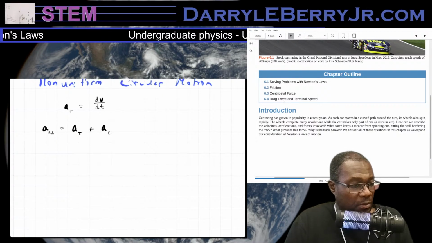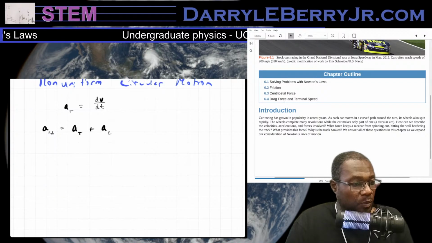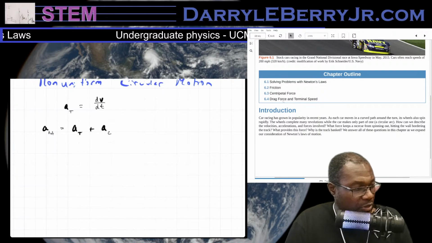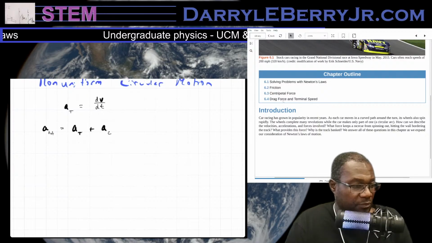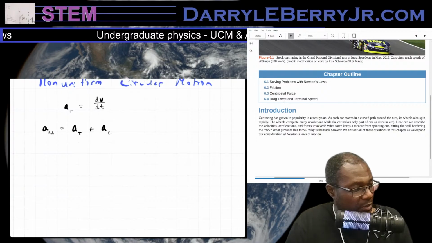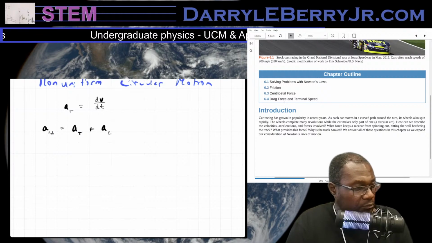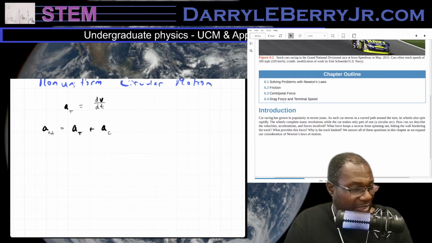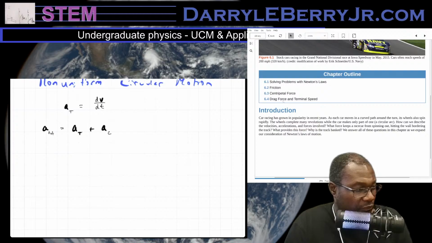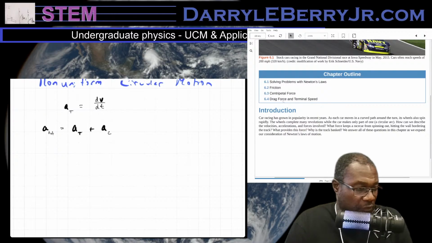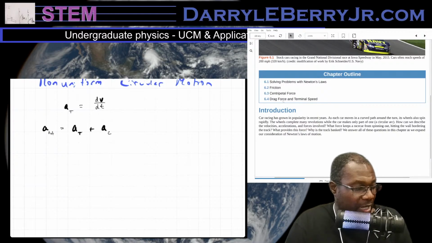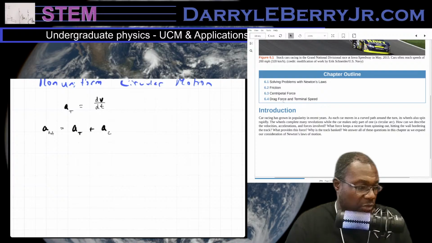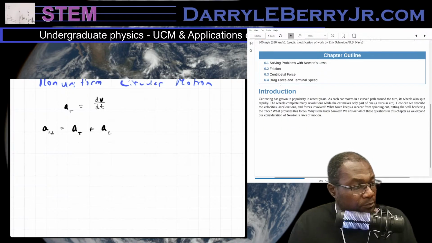As each car moves in a curved path around the turn, its wheels also spin rapidly. The wheels complete many revolutions while the car makes only part of one, a circular arc. When we describe the velocities, accelerations, and forces involved, what force keeps the race car from spinning out, hitting the wall bordering the track? Who provides this force? Why is the track banked? We answer all of these questions in this chapter as we expand our consideration of Newton's laws of motion.